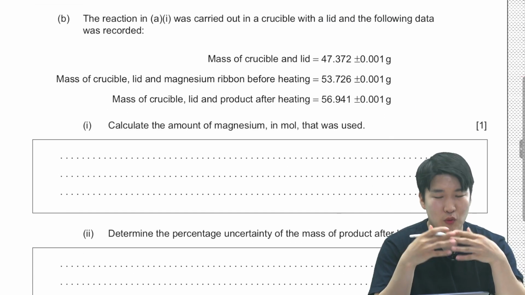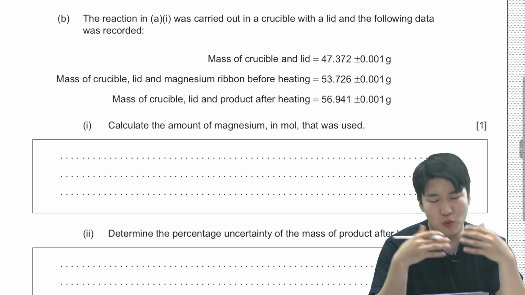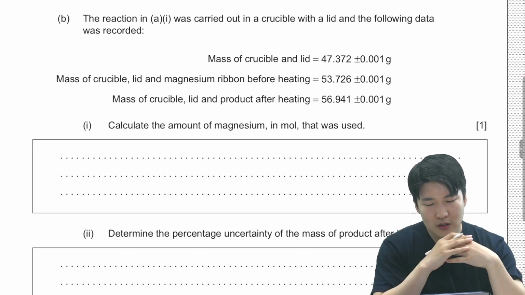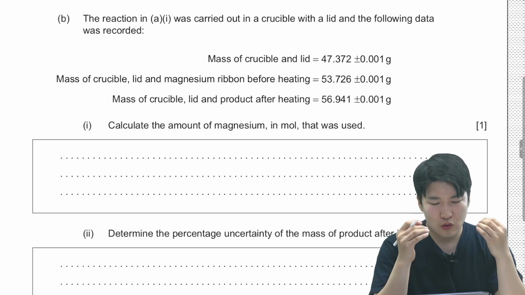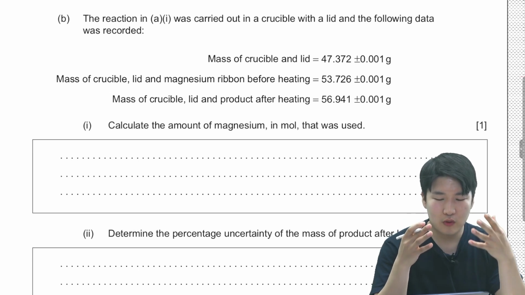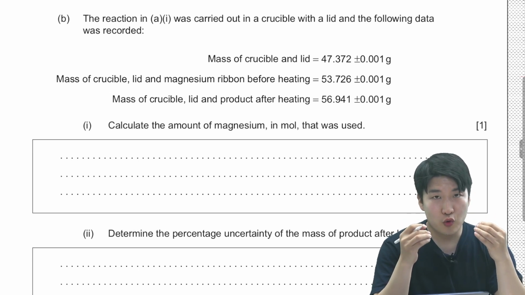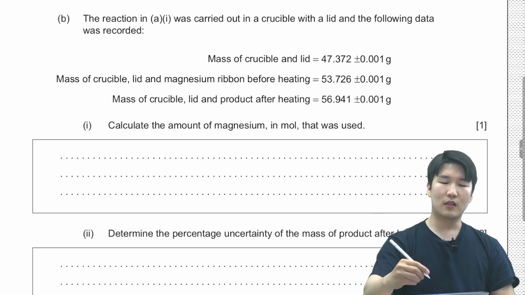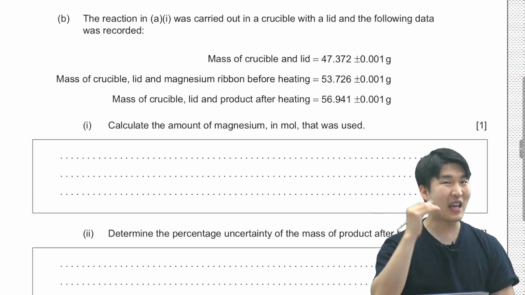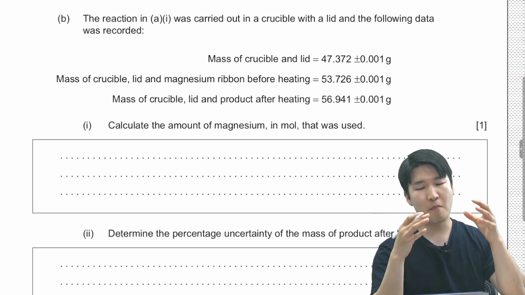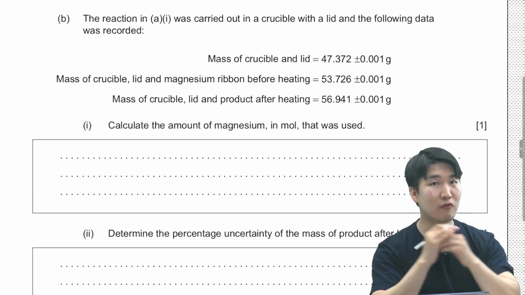Mass of crucible and lid is used where? Well, this is a question where we are going to work out the amount of the reactant in the crucible by taking away the raw mass of crucible and lid from the mass of crucible and lid and the reactant.